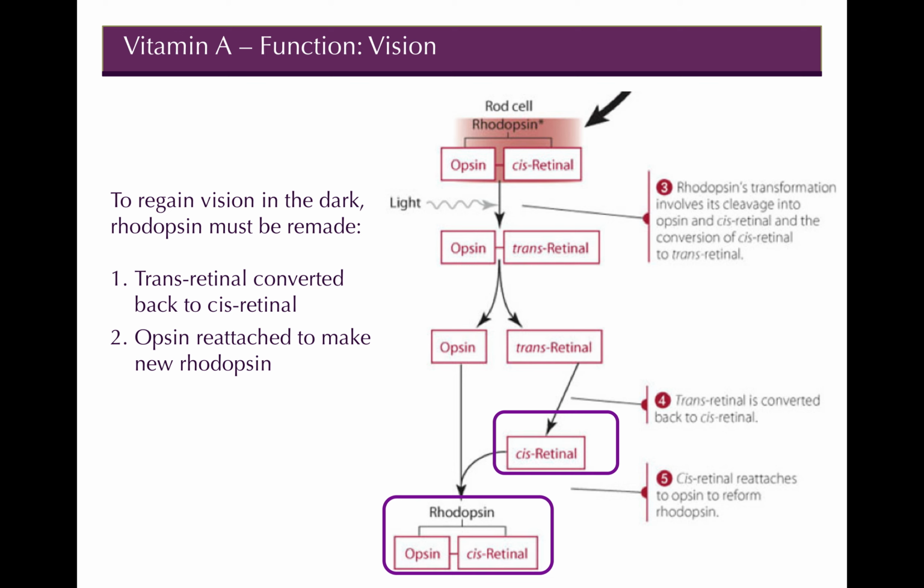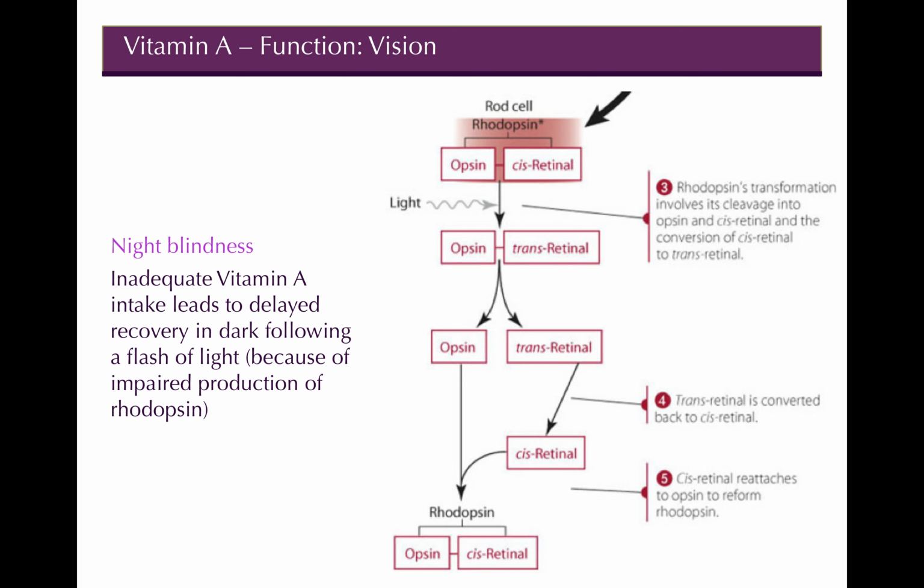Whereas if your night vision kicks in within seconds to a couple of minutes, you're probably fine. But clinically, I believe that is one way that they measure it. So night blindness is basically just inadequate vitamin A intake, which leads to slow recovery in the dark.